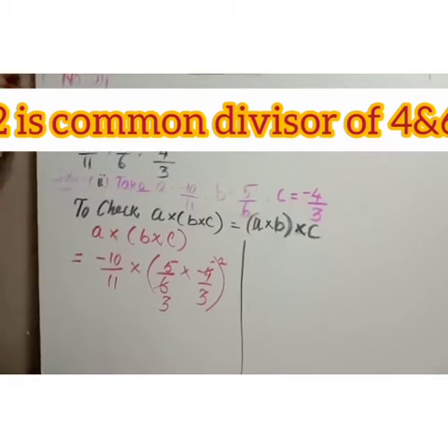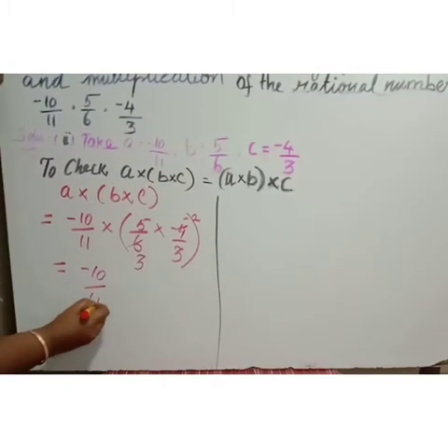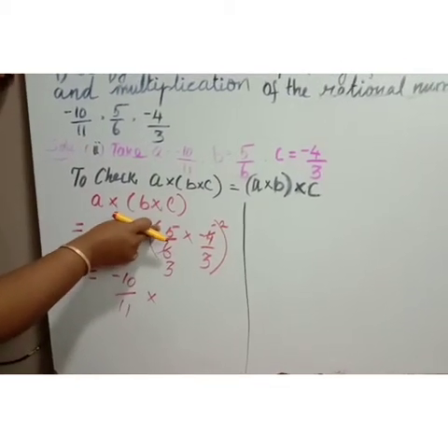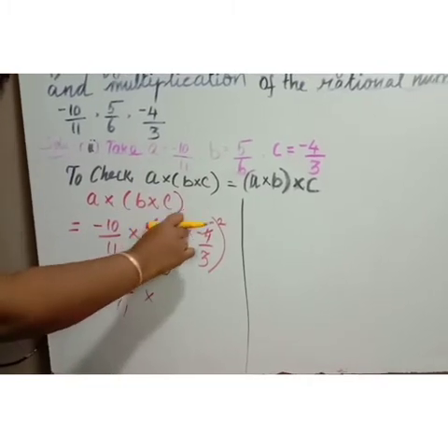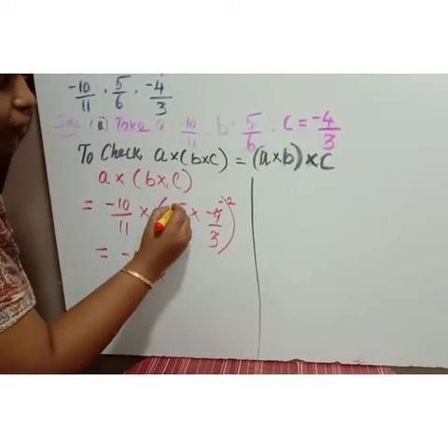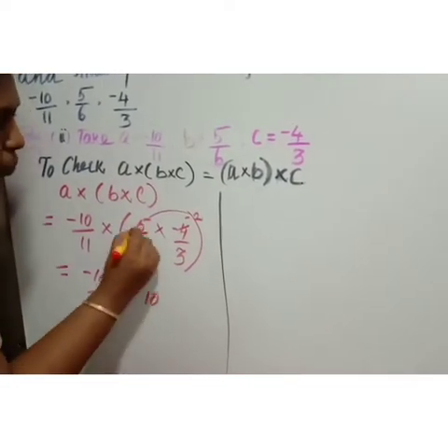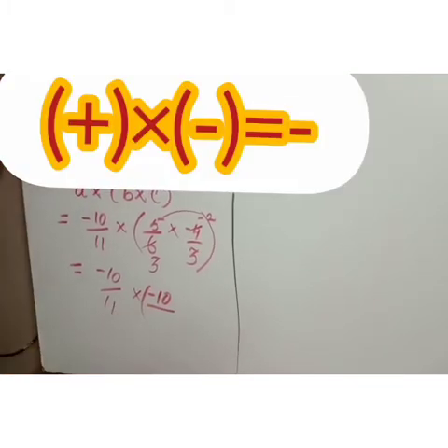No. So minus 10 divided by 11 into 5 into minus 2. 5 twos are 10, and plus into minus is minus. So minus 10 divided by.